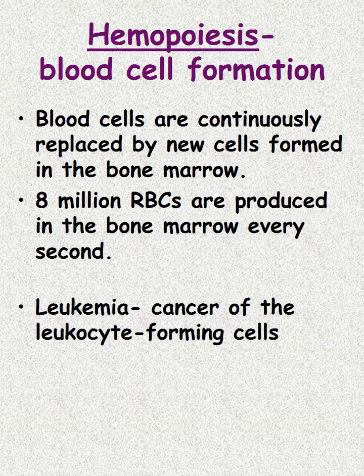Since the stem cells are the ones that start the initiation process, these can then develop into erythrocytes, thrombocytes, or leukocytes. We have about 8 million red blood cells produced in the bone marrow every single second.